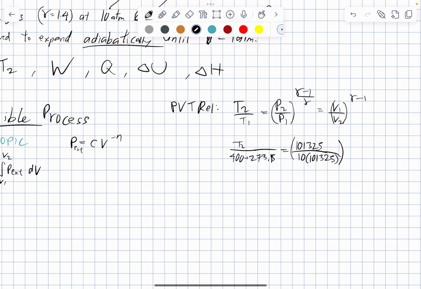The gamma is what? 1.4, no? Minus 1 over 1.4. Okay, shift solve.